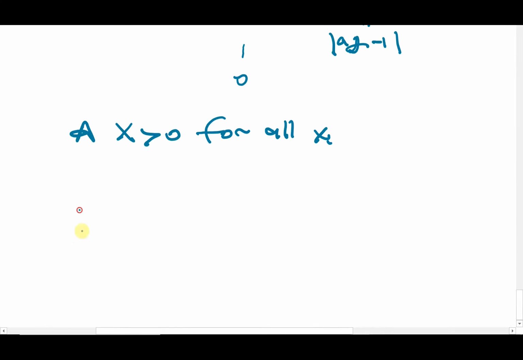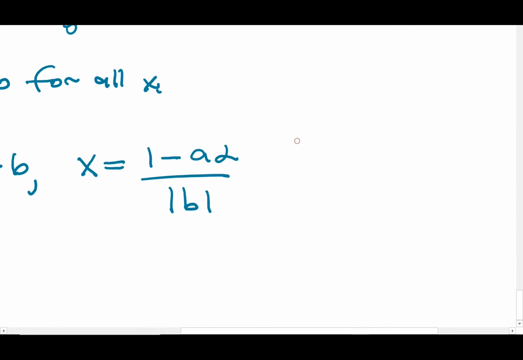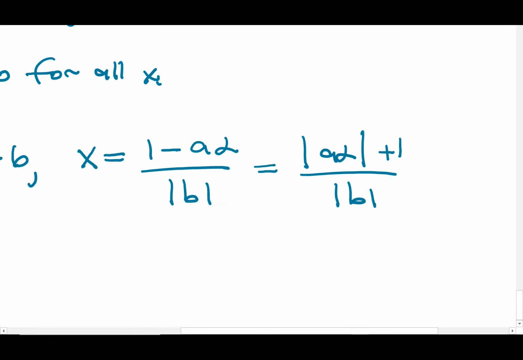So we can basically say that x equals 1 minus A alpha over absolute value b, because b has to be positive. Or we could just say this is equal to the absolute value of A alpha minus 1 over absolute value of b. Either or.